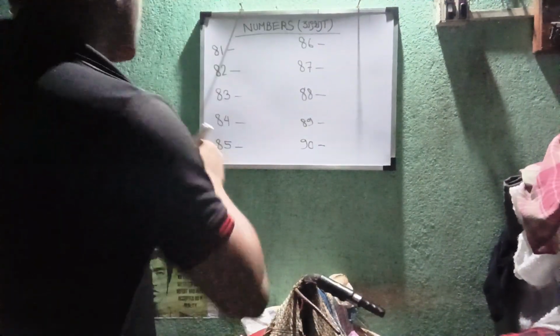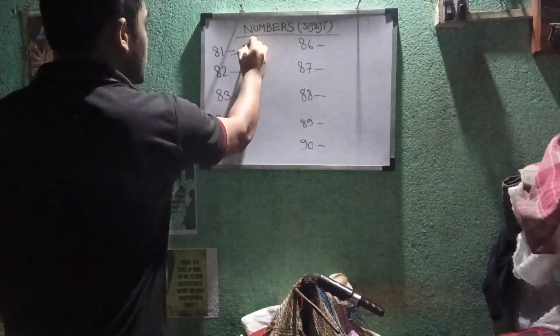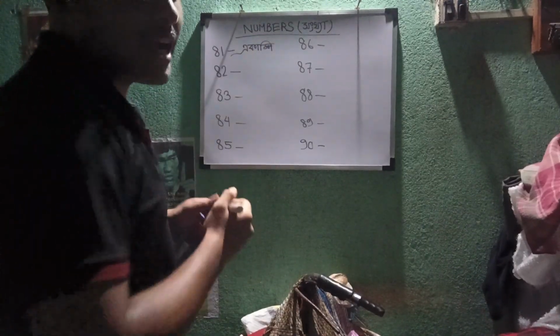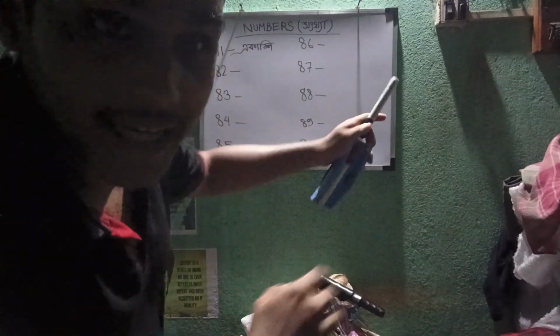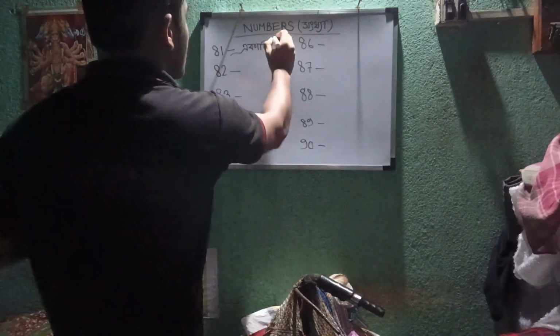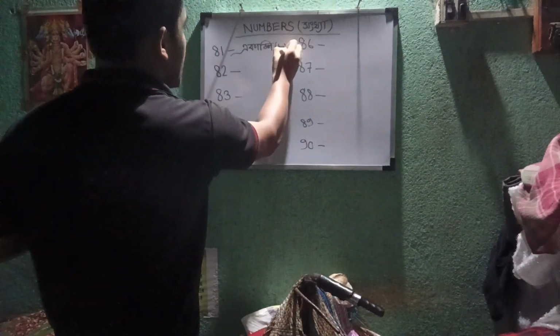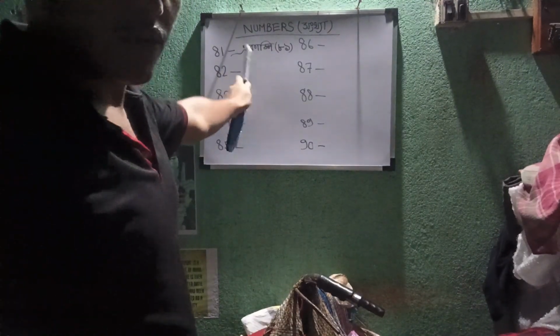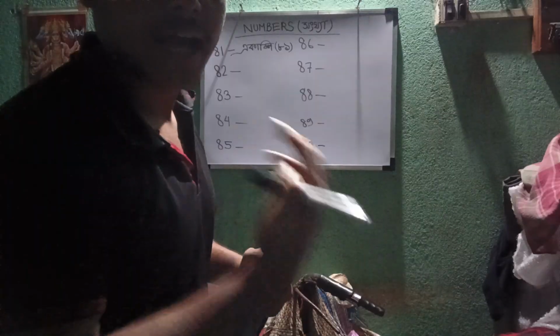So how can we write ekâshi? First we have to write 8 and then 1. This is ekâshi. Ekâshi means 81.